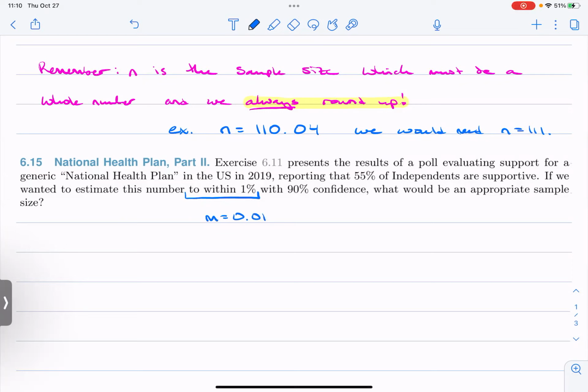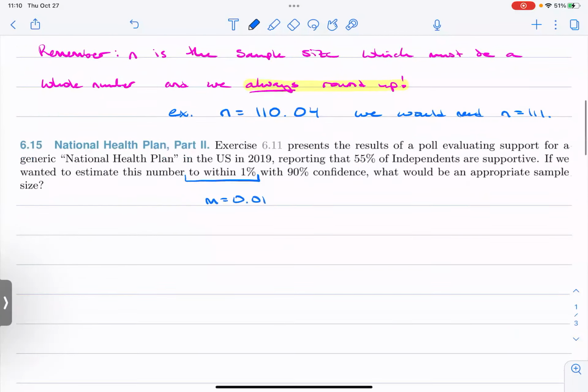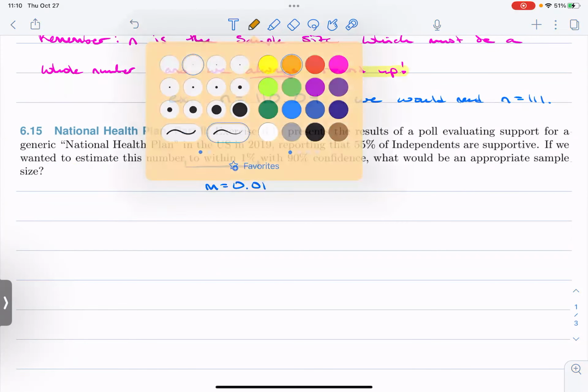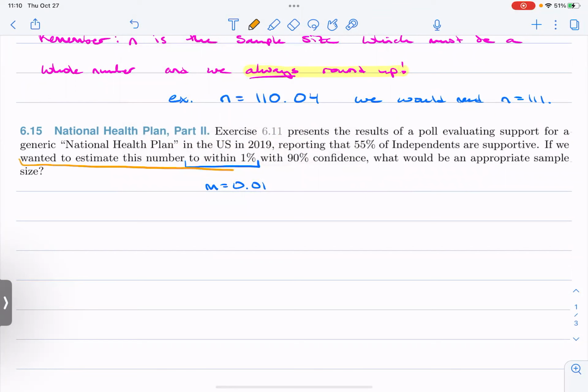So 1% is 0.01. So really what this means is, if we wanted to estimate this number to within 1%, we want p hat plus or minus 0.01.